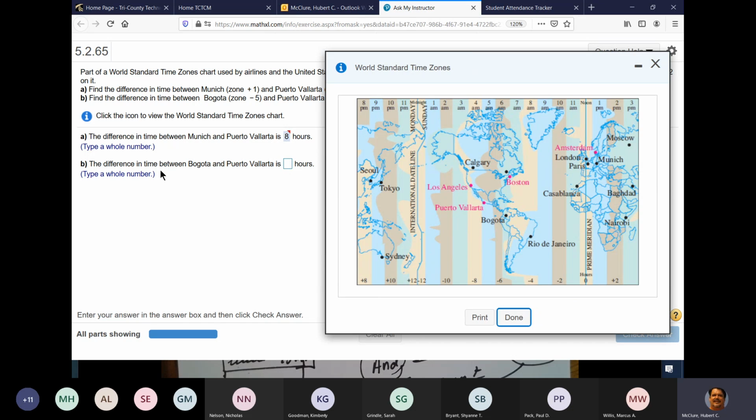All right, so let's do it here. Puerto Vallarta and Bogota. So what's the distance between -7 and I want to say -5?